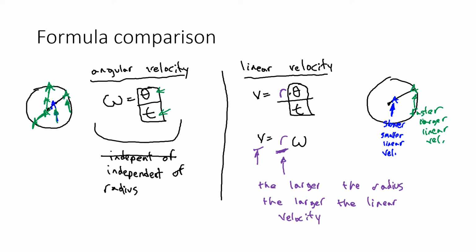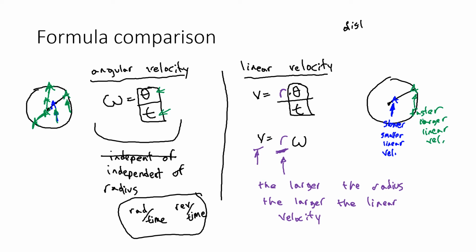One quick note, remember the units: angular velocity, radians per unit of time, or revolutions per unit of time. Linear velocity, that's going to be whatever the distance is.